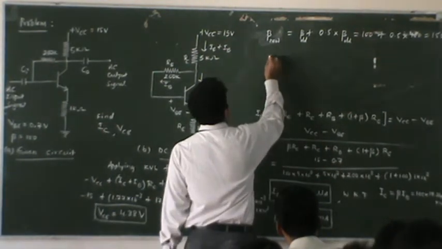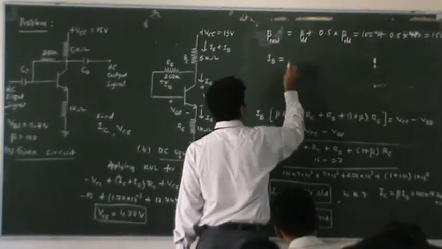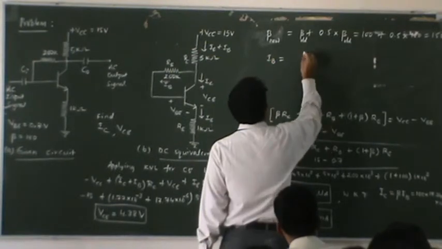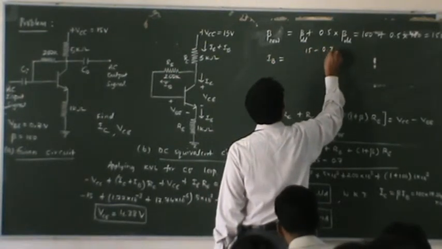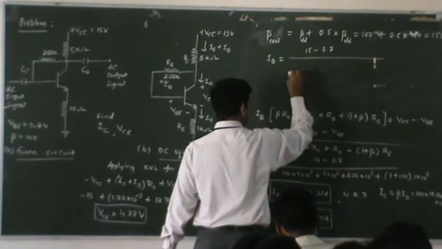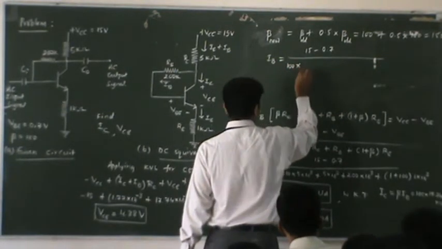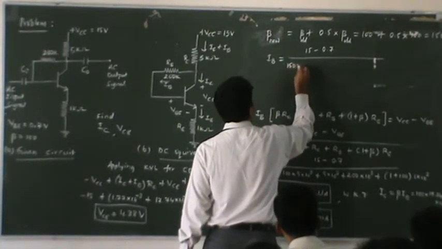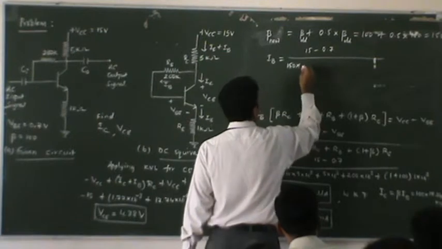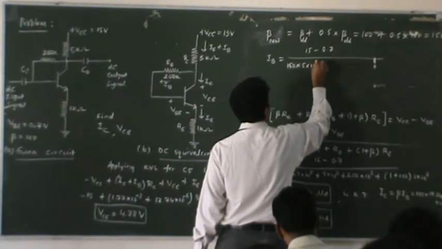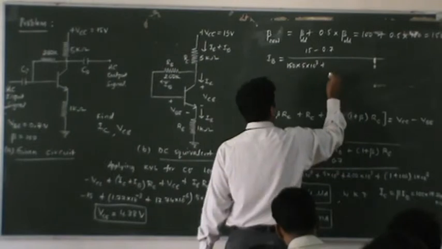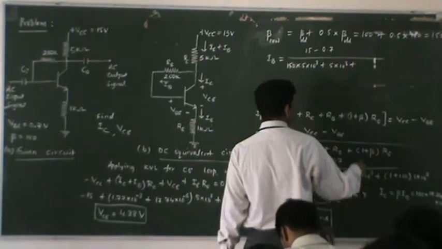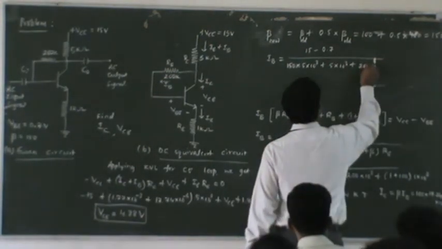The base current is again 15 minus 0.7 divided by 100 into, not 100 now, it is 150 into 5 kilo ohm, 5 into 10 power 3, plus 5 into 10 power 3, plus 200 into 10 power 3.